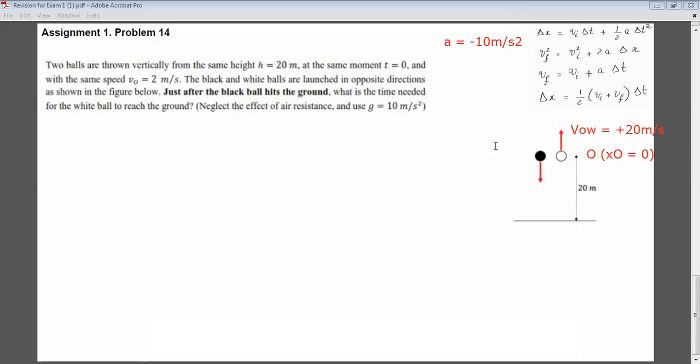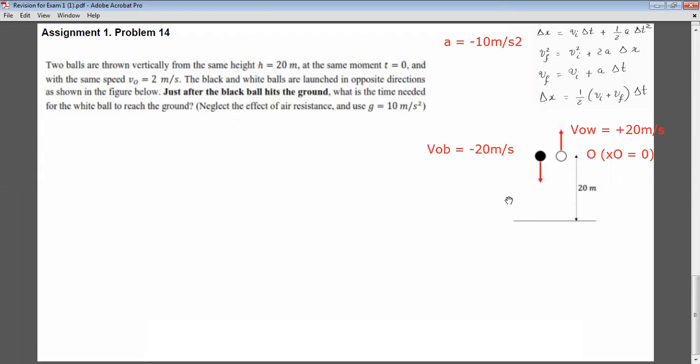However, V0 for the black is equal to minus 20 meters per second. Okay.